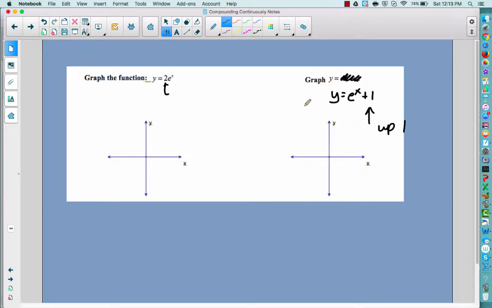So that means my y-intercept is going to become 2, so (0, 2). And my asymptote is going to shift from y equals 0 to y equals 1. So something like that. But again, it's general growth, just like that.